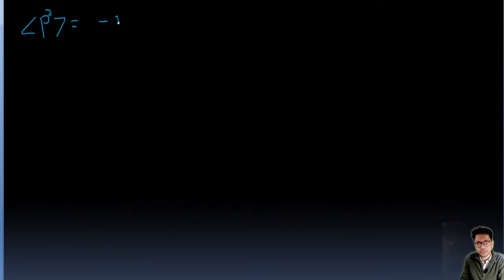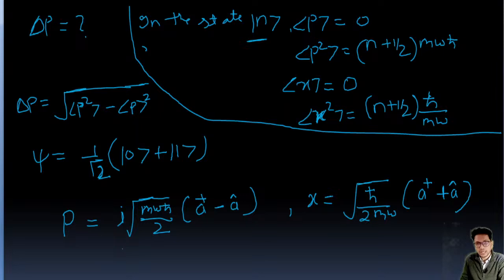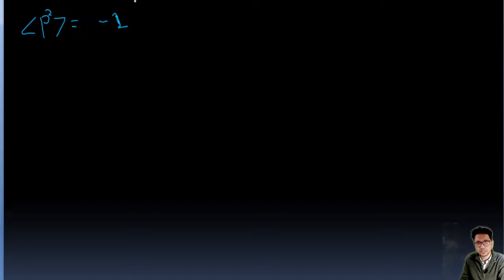So i square is minus 1, and then m omega h cut by 2, the root will get removed because there is a square, right? So it is minus 1 into h cut omega m by 2 into (a dagger minus a) whole square. This is going to be like this, right?